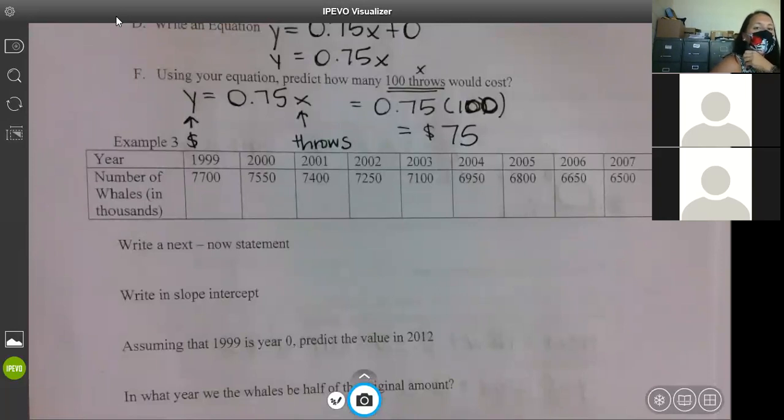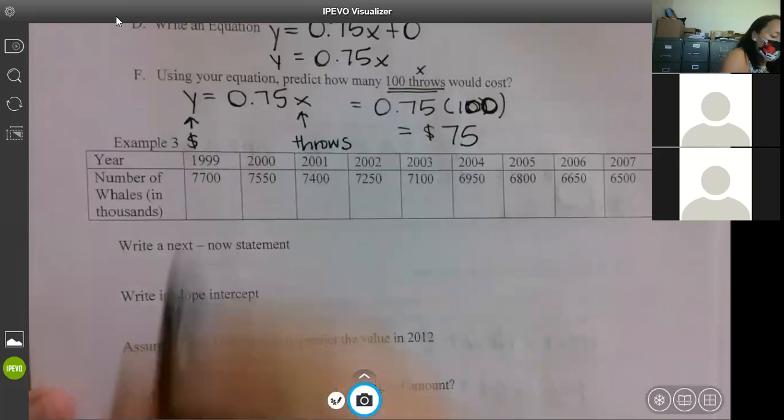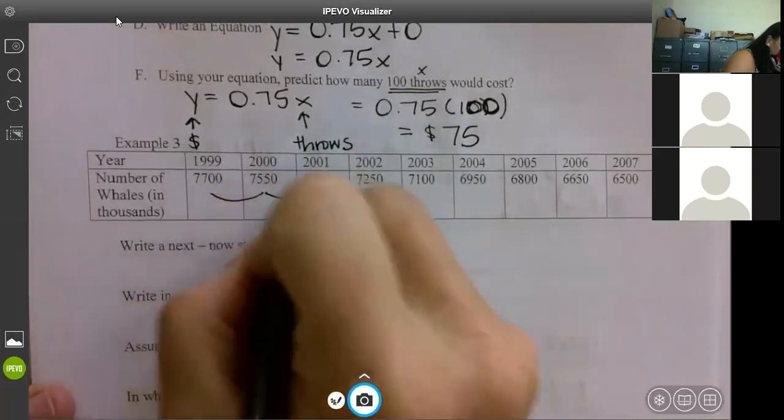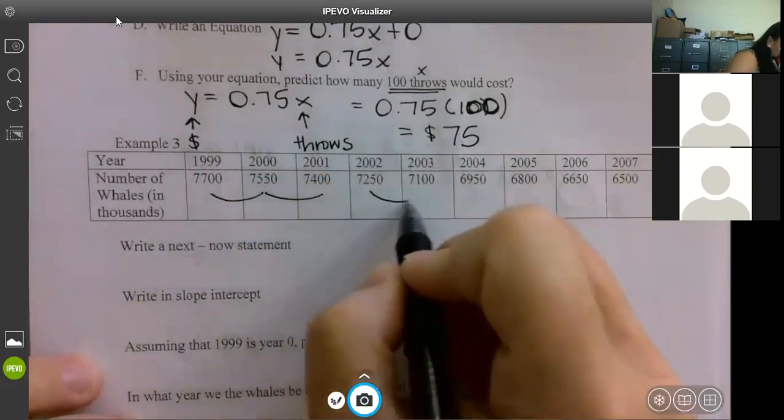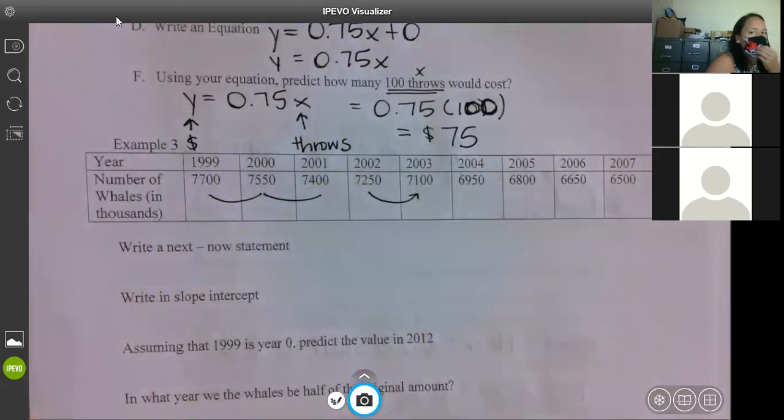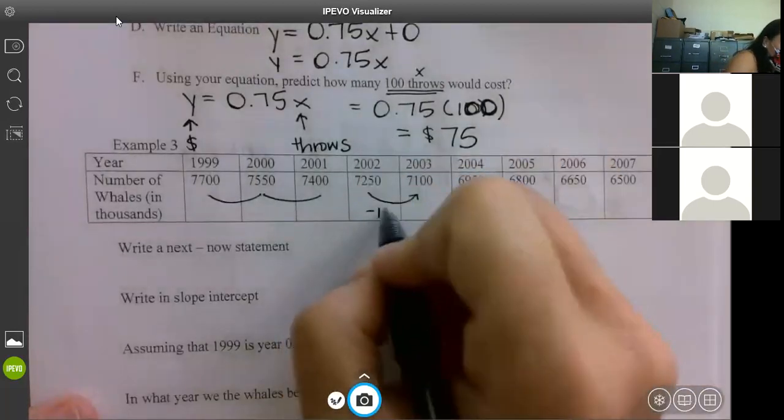Write a next now, write in slope intercept form. So how do we find our slope? What's happening each time? This one might be the easiest one to do. 7250 to 7100. Going down by 150. Perfect.